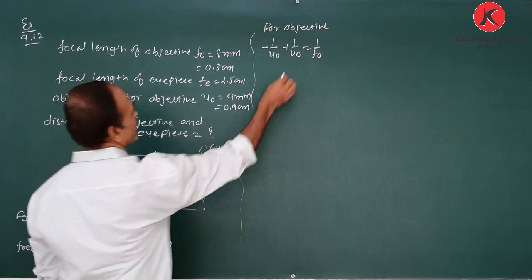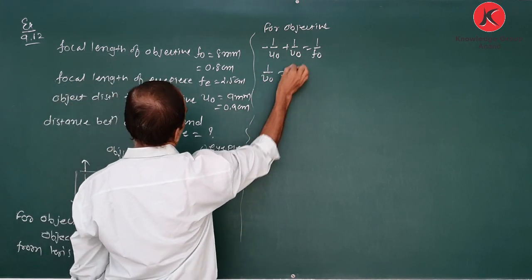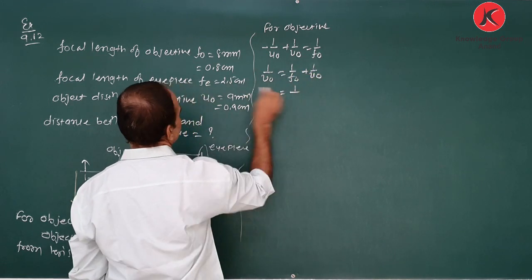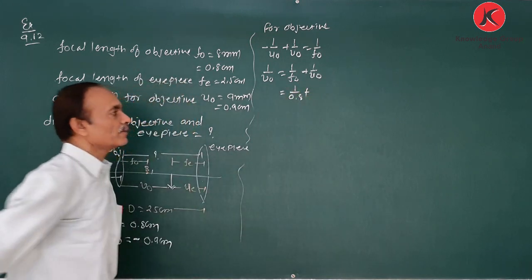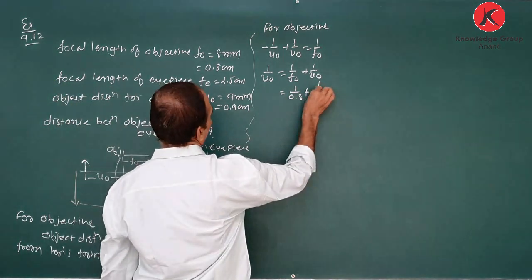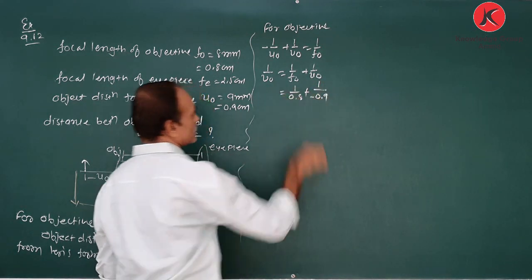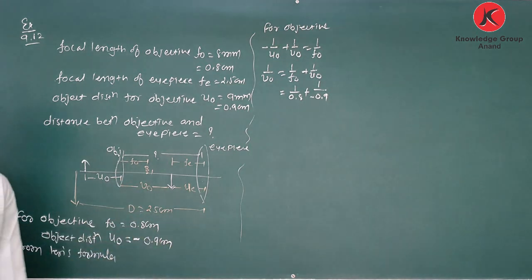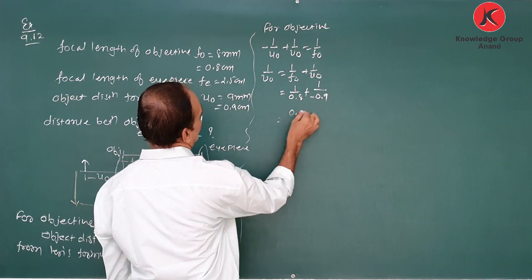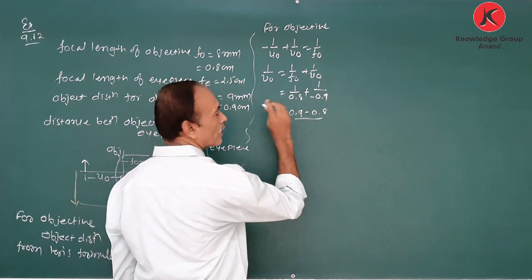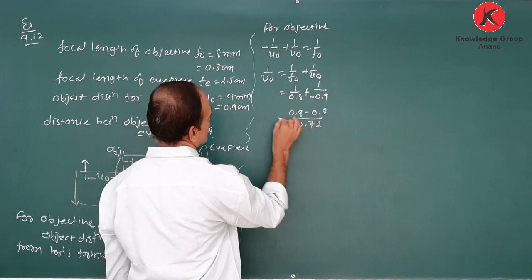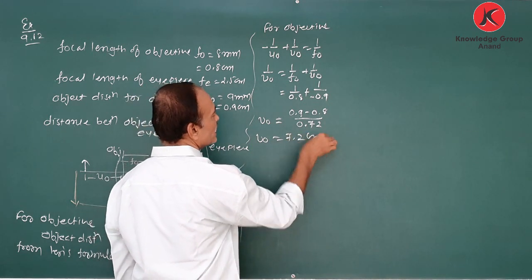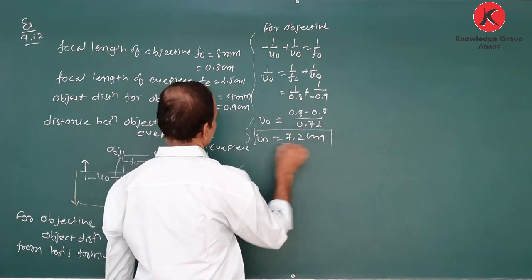We are interested to find out v0, so 1 upon v0 is equal to 1 upon f0 plus 1 upon u0. 1 upon 0.8 plus 1 upon minus 0.9, because u0 is negative, minus 0.9 centimeter. Therefore, 0.9 minus 0.8 upon 0.72. Simplification, therefore V0 is equal to 7.2 centimeter.